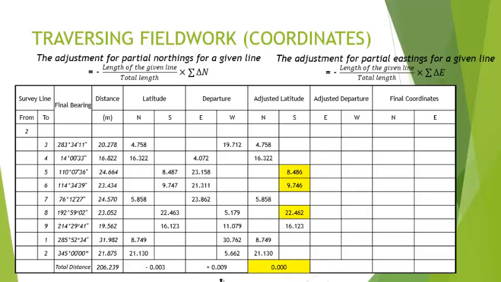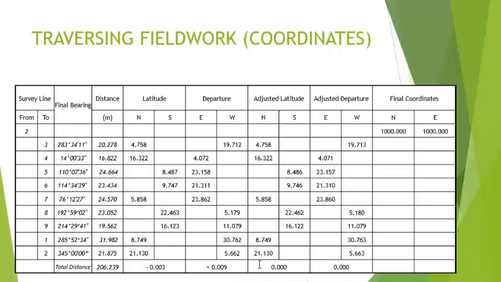Let's continue to the final part of this video, which is the calculation of coordinates. First and foremost, let's assume that the coordinates of survey station number 2 are 1000 north and 1000 east. Here, 1000 north, 1000 east. Let's assume that is the starting coordinates.